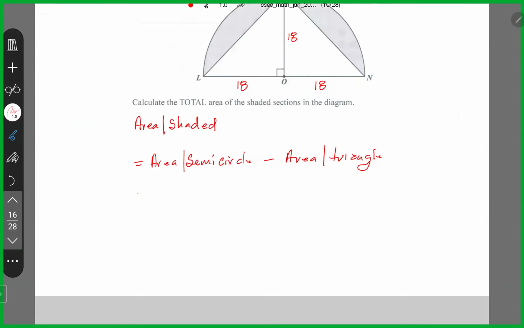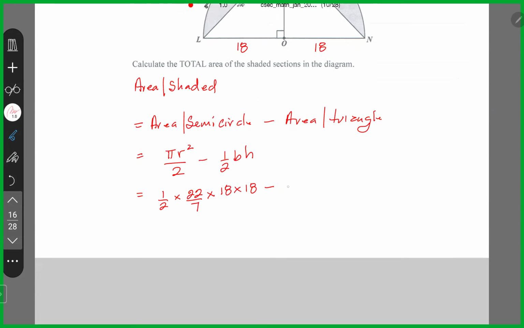Now, the area of the semicircle would be pi r squared divided by 2, because it's a half of a circle, minus the area of the triangle, which is half base times height. So this is a half times 22 over 7 times 18 times 18 minus a half times the base, which is 36, times the height, which is 18.